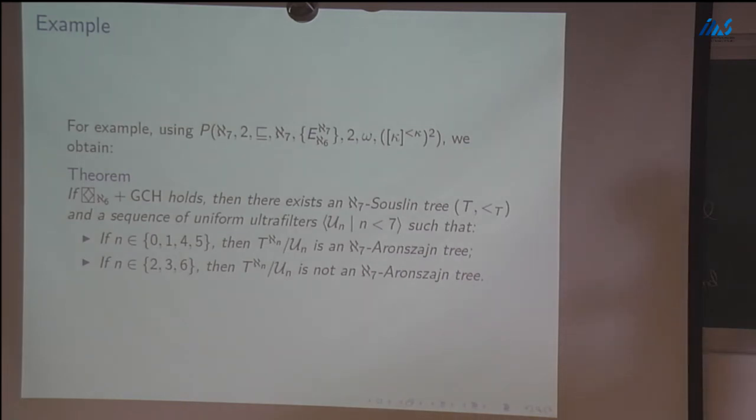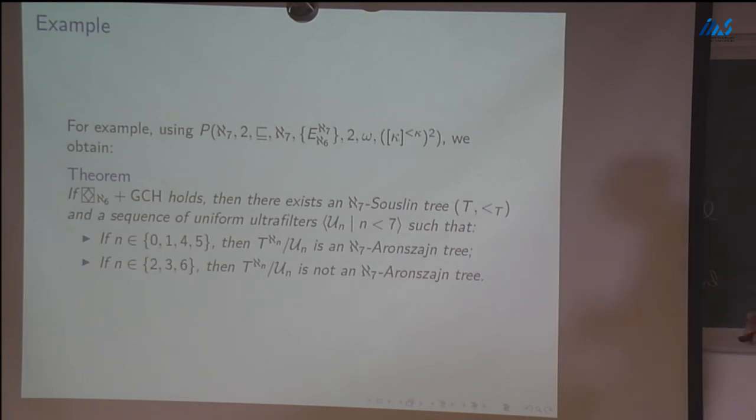So from square with built-in diamond and GCH, you can get an Aleph 7 Souslin tree and a sequence of uniform ultrafilters, so that the reduced ultrapower of the tree, essentially taking the reduced ultrapower by that ultrafilter, will either give an Ehrenstein tree or give a non-Ehrenstein tree, depending on exactly which n we're using.